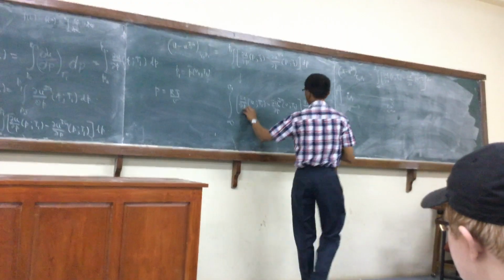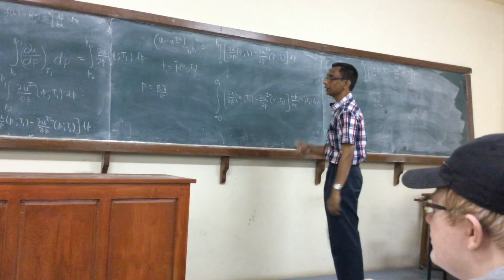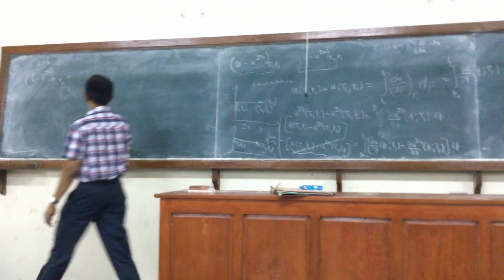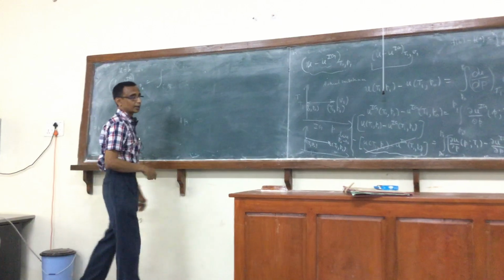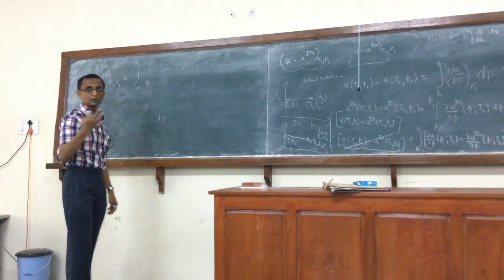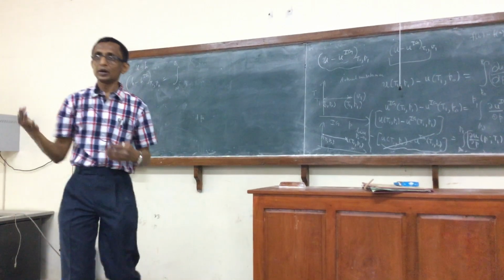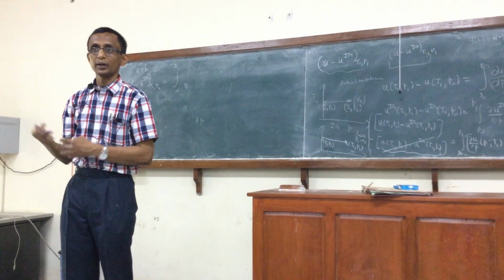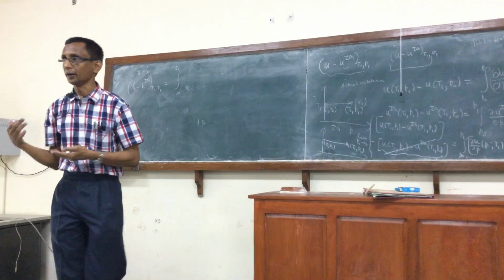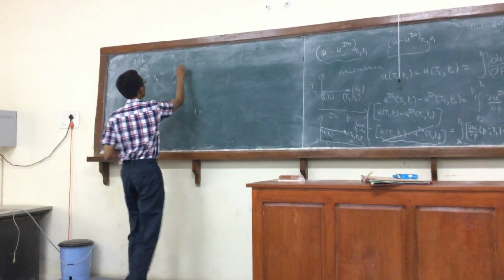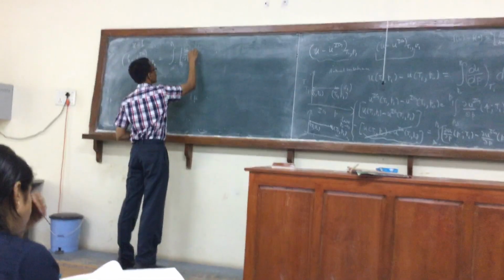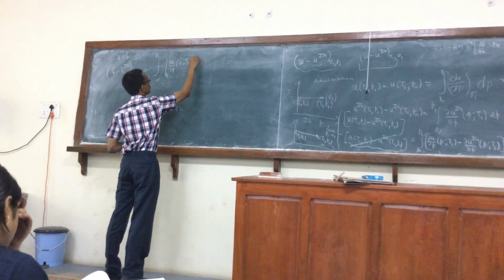So again I will write dH by dV is what I want. First let me write down the formula. So now this will be again infinity to V1 because I have to deal with the volume integral. Even if T1 and P1 are specified, I have to deal with it in the form of a volume integral, right? So I have dH by dV dV1.